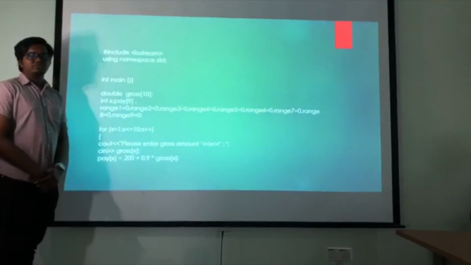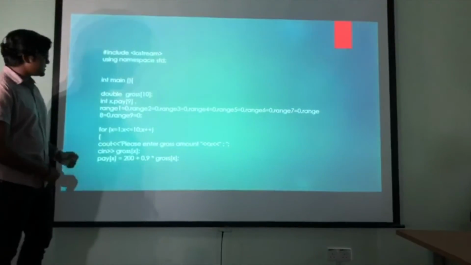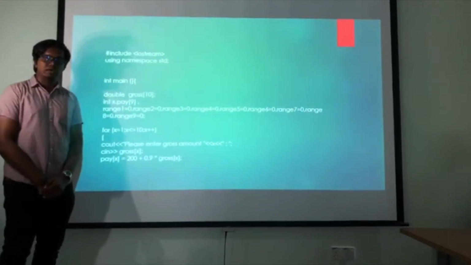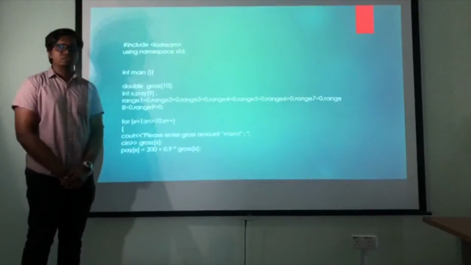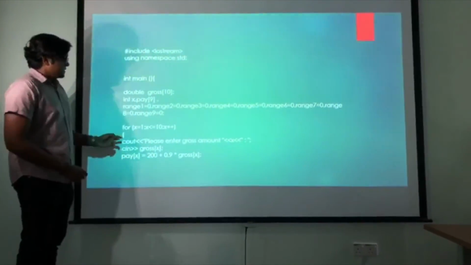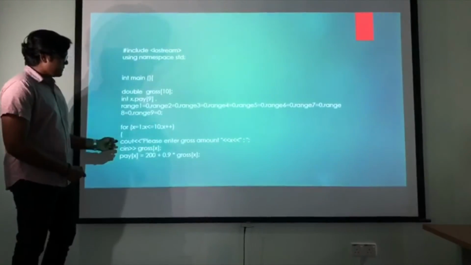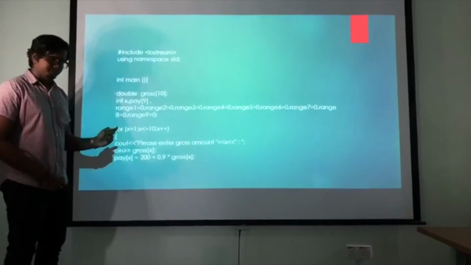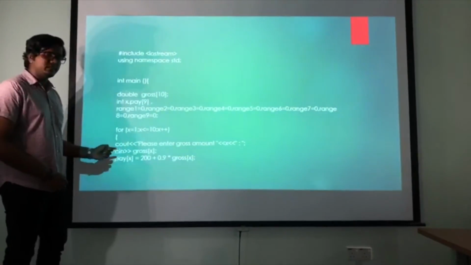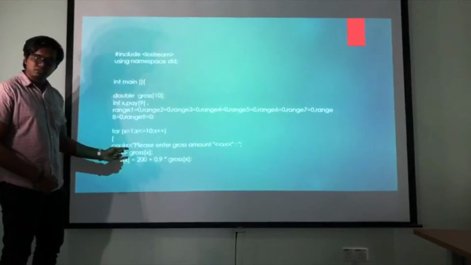Here is a for loop condition. The condition tells us that x is equal to 1 and x is less than or equal to 10, where the x value increases by 1 for every loop. This line of the program prompts the user to enter the gross amount into the system, and the user will enter the value of gross.